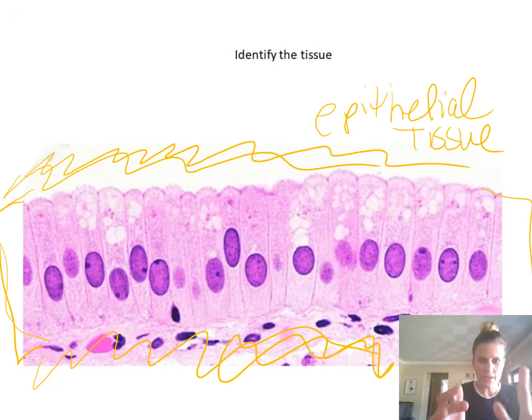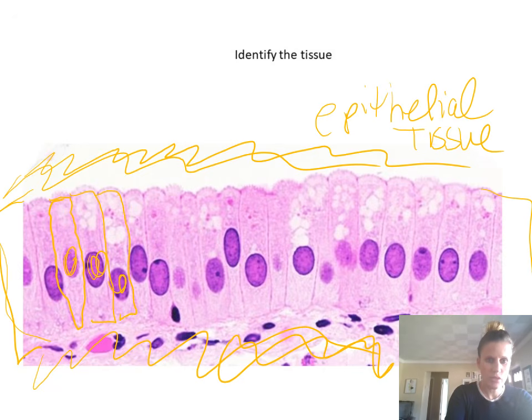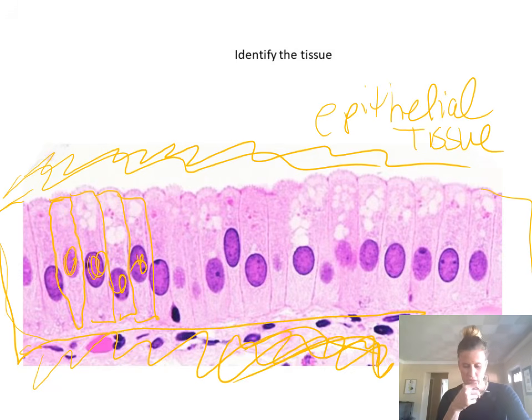Looking at one cell, you can see the cell membrane around the outside, and in the center, this darker circle is the nucleus. So each of these is a cell, and this is one layer of cells. Underneath, it changes. This is a completely different tissue that looks different. So if it's just one layer of cells, it is simple.